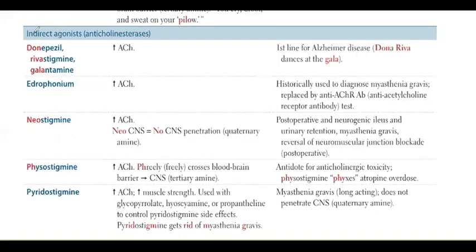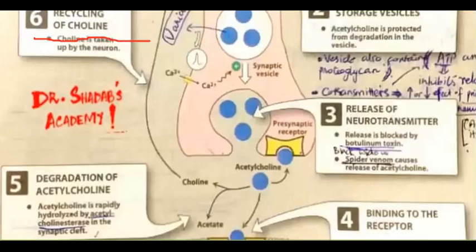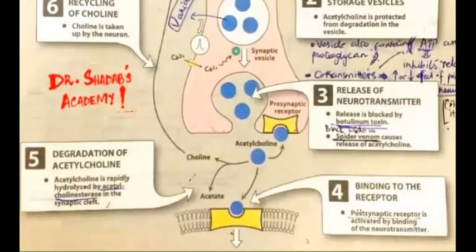Okay. So now we are going to study indirect agonists, anticholinesterases. So what is the difference between direct and indirect? Let's go to the picture. You see this diagram. Okay, this is the enzyme acetylcholine esterase, AChE. This enzyme hydrolyzes acetylcholine.